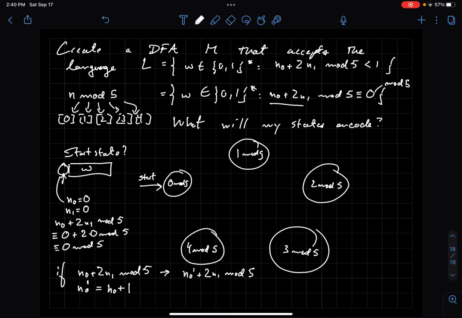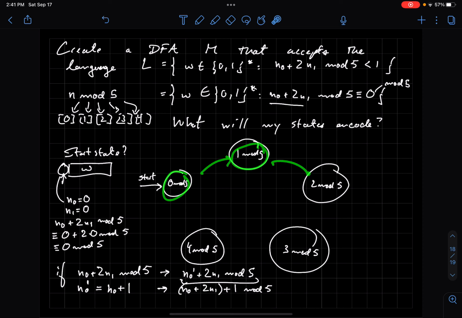You're going to end up in the state represented by this modulo. But I know that this is n0 plus 2n1 plus 1 mod 5. So what this is telling me is that if I read a 1, I just go up 1 modulo, okay? So if I'm in this state and I read a 1, I go from 0 mod 5 to 1 mod 5.